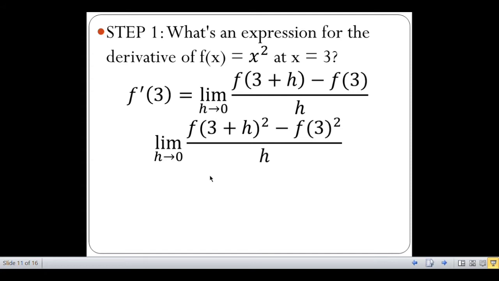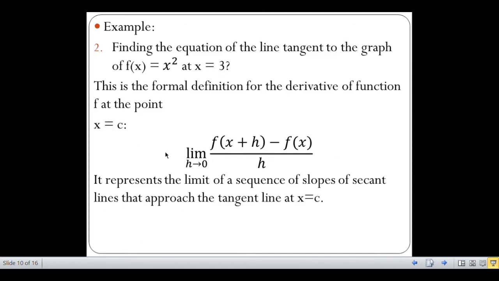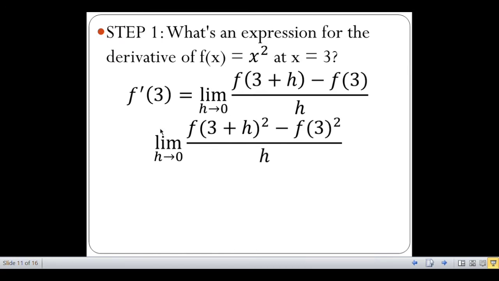Okay, so for our solution, we have step 1. What is an expression for the derivative of f of x equals x squared at x equals 3? So, in here, i-apply po natin, or gagamitin natin yung formula for derivative of a tangent line. So, first, yung formula natin kanina, ayan. So, dito, ilalagay na natin yung 3.